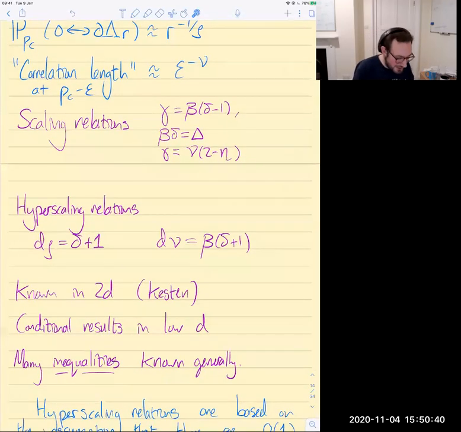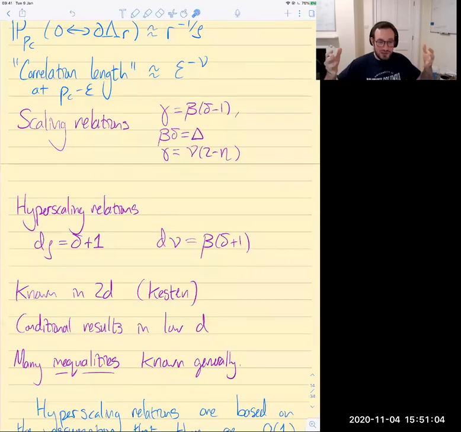As I said, the scaling relations are supposed to hold in all dimensions. There are also some additional relationships called the hyperscaling relations. These are only expected to hold when the model is not mean field. As I said before, we expect there's an upper critical dimension, supposed to be 6 for percolation.